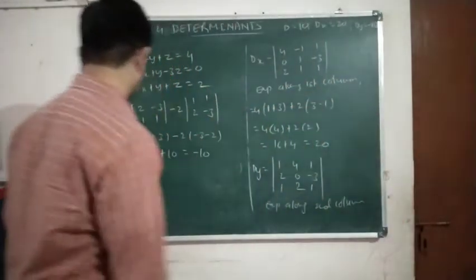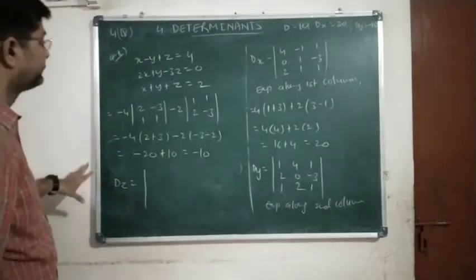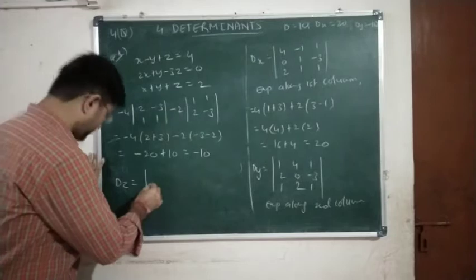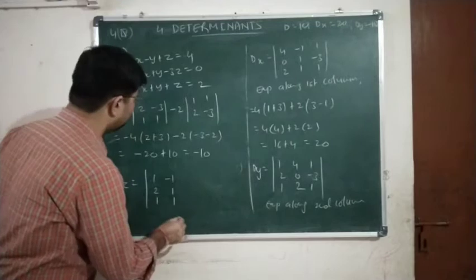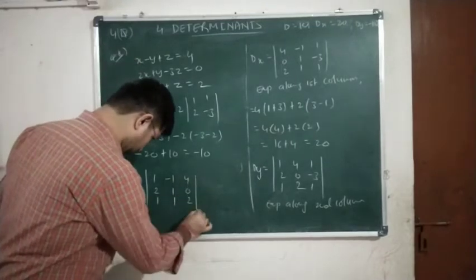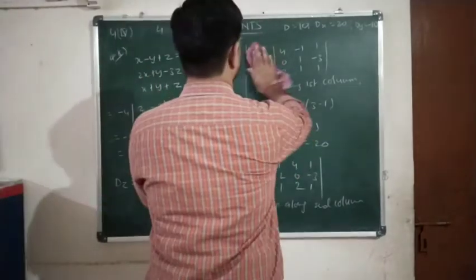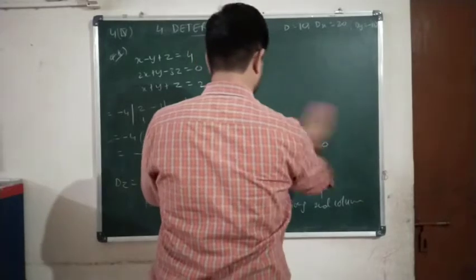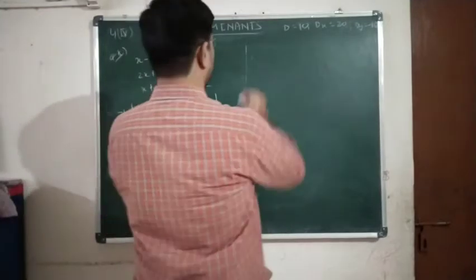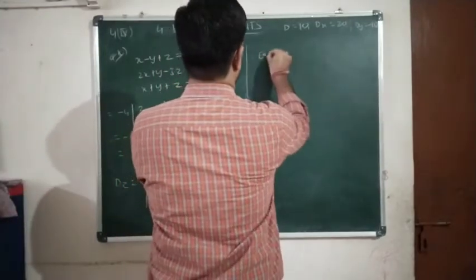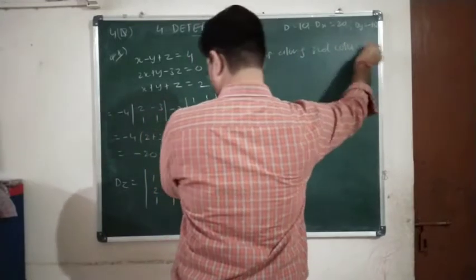Okay, now finally we will find out dz, which is equal to 1 2 1, minus 1 1 1 and 4 0 2. Now let us expand along third column.